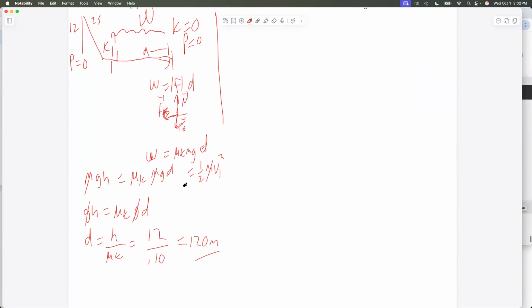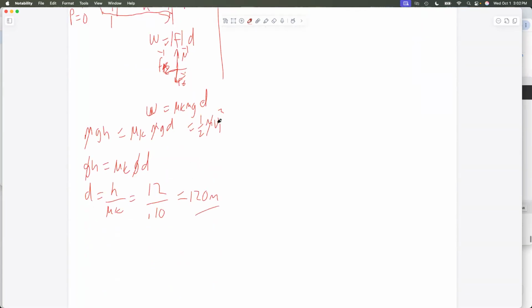Okay. Anyways, back to this. Now we need to find v. So we have this equation. The m's canceled. We have mu k times g times that distance we just found equals 1/2 v1 squared, or that just equals gh. Either one of those should give us the same thing.